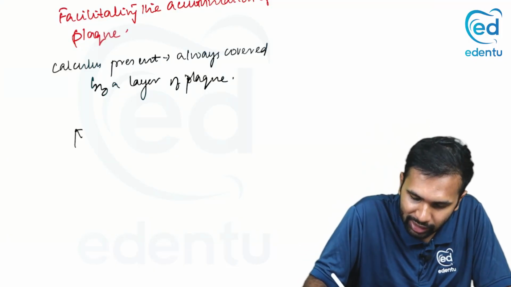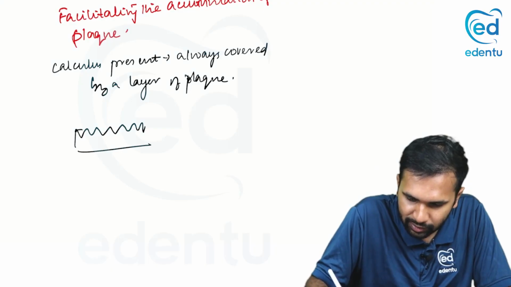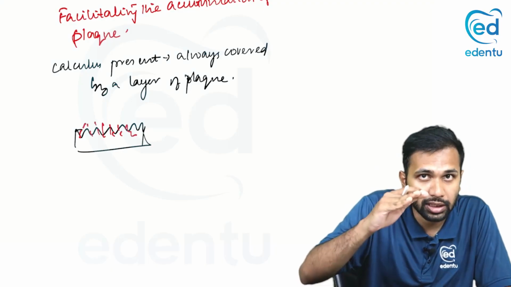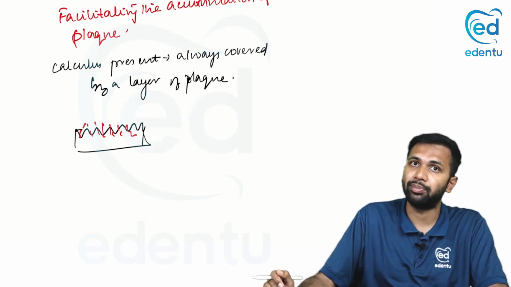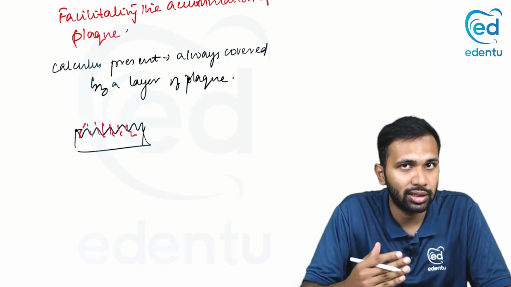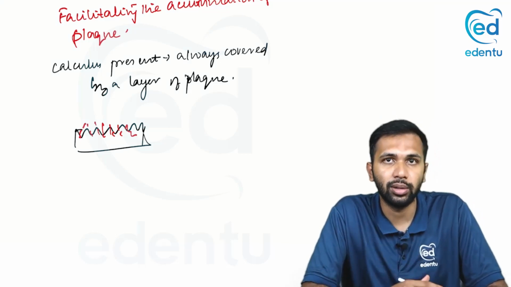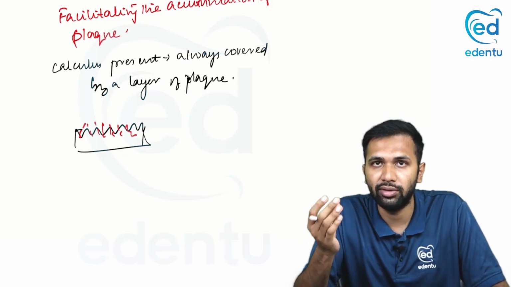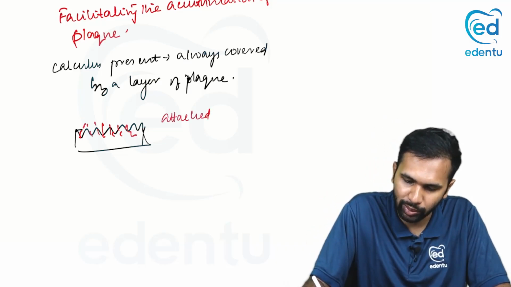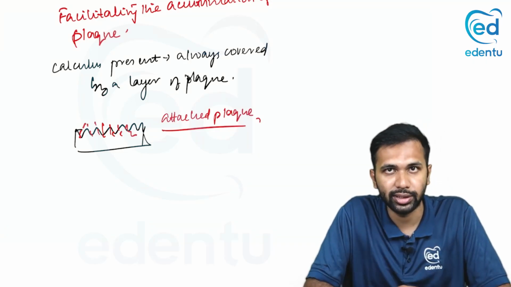This calculus has an irregular surface, due to which plaque can go and accumulate within the irregularities. It is very difficult to separate the plaque from the calculus. As a general rule, wherever calculus is present, it is almost always covered by a layer of plaque. That is referred to as attached plaque. We'll come to it. It is attached to calculus.